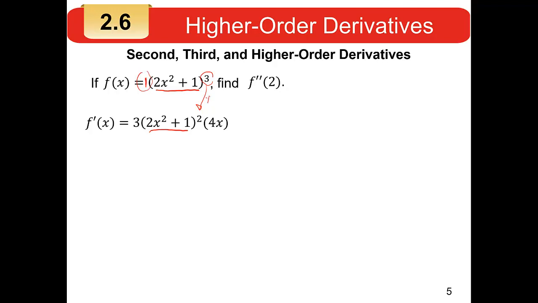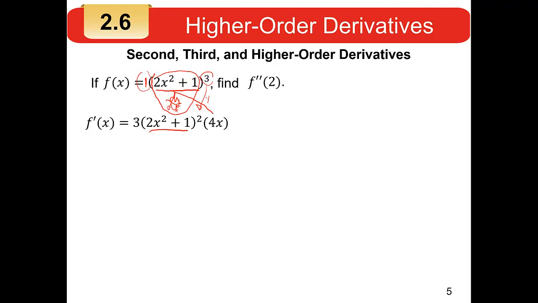But then you have to come back and multiply by the derivative of the inside function. The derivative of 2x squared plus 1 is 4x.